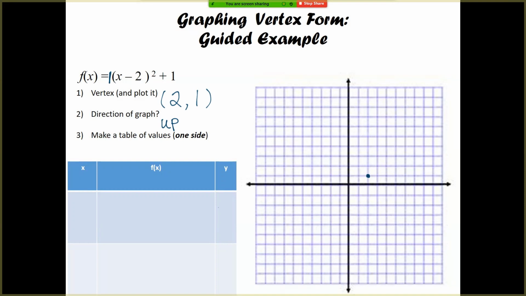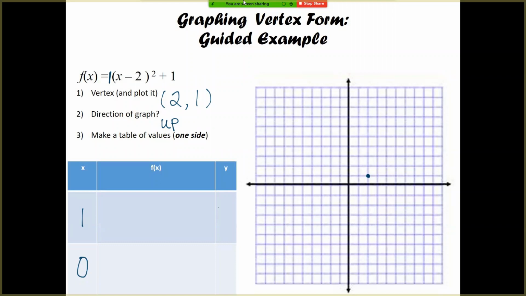We don't have to do them both. So the x values I would use would be the first number to the left, which is 1. The second number to the left is 0. So these are the 2 x values I would use. You could go to the right of 2 and do 3 and 4. That would be okay. You can do all 4 if you want, but you don't have to.